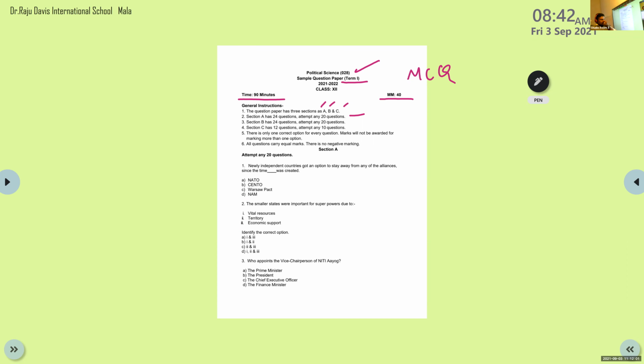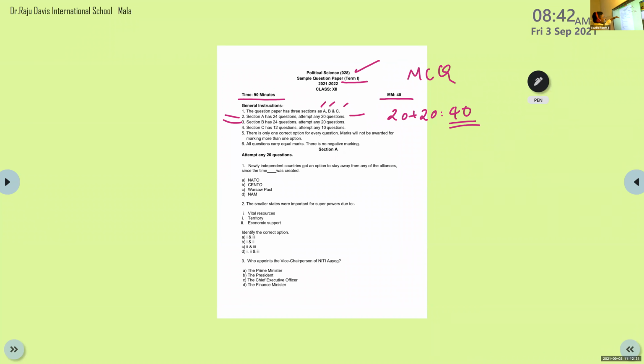Options are there. Section B has the same pattern: 24 questions, and you are free to choose any 20. So 20 plus 20, now you got 40.